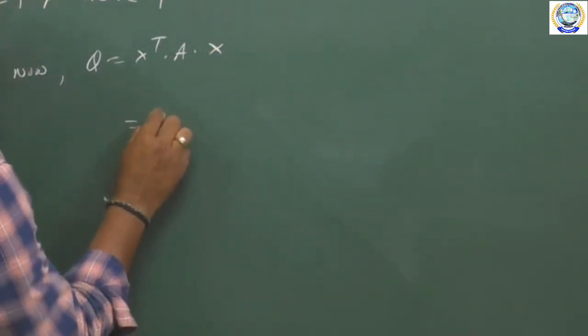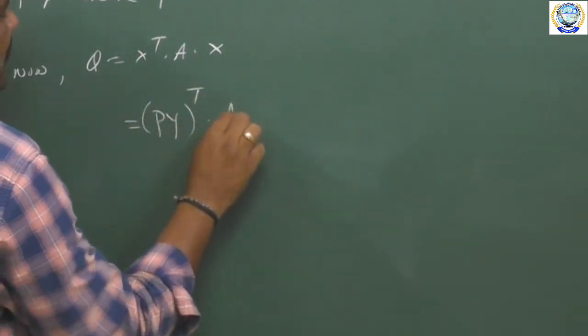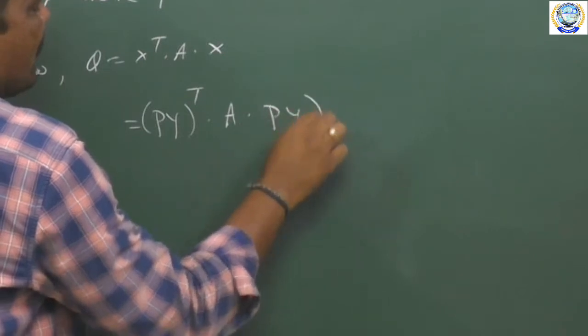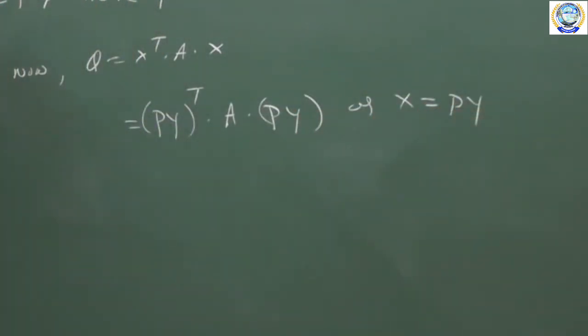Here we take Py in place of x: Py whole transpose into A into Py, as x is equal to Py.